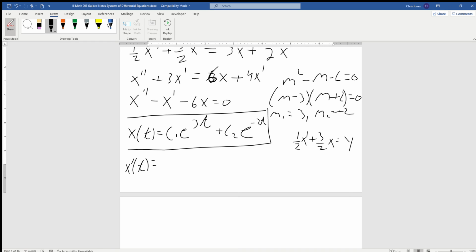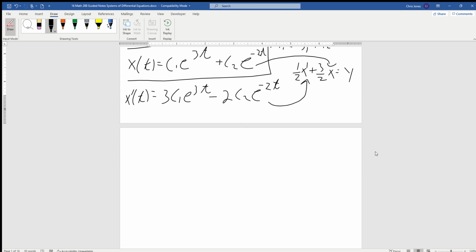And so the derivative is going to be 3c1 e to the 3t by chain rule minus 2c2 e to the minus 2t by chain rule. And we're going to substitute x prime, and we're going to substitute x, and then we're going to be able to solve for y and get a general solution.